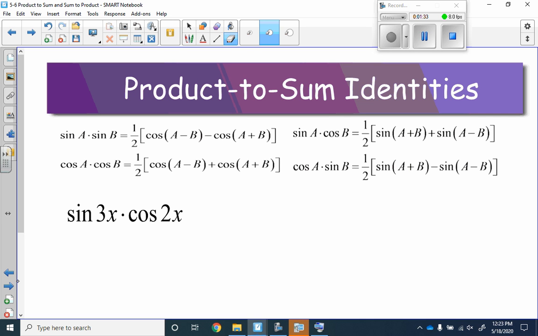So we have the sine of 3x times the cosine of 2x. Since we're taking sine times cosine, I am going to be looking up on the top here.